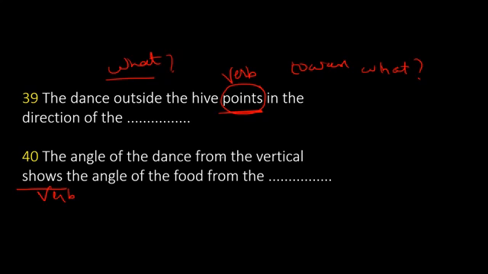So the angle of the dance from the vertical is one subject in a kind of structure. This is the whole subject, and we have the verb, and then we have the object. Subject shows the object. The angle of the dance from the vertical shows the angle of the food from the blank.